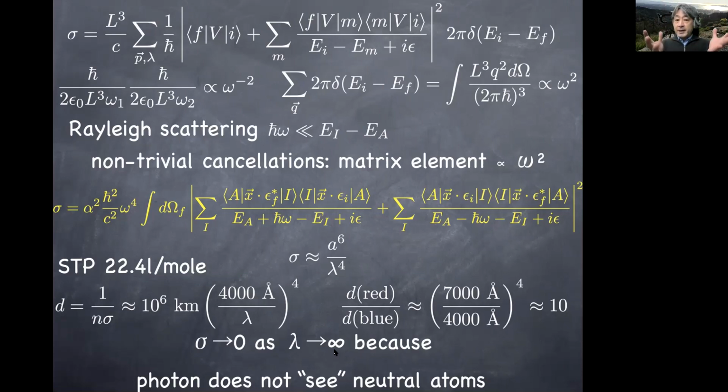And the whole atom is neutral. So a long wavelength photon cannot tell that there's anything charged inside of the atom. It thinks it's a totally neutral object. And the photon doesn't interact with a neutral object because the charge is 0. So it doesn't notice it. So the long wavelength photon doesn't see neutral atoms, and therefore it doesn't scatter.